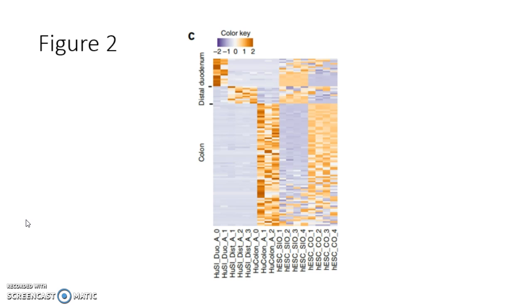So next, another heat map showed the expression data of marker genes of human duodenum, distal small intestine, and human colon. Marker genes of each sample type were selected such that a gene has at least 3 times higher expression in the sample type than in the other 2 sample types.